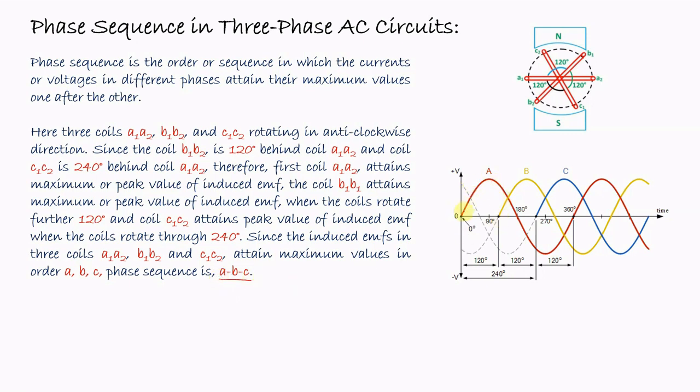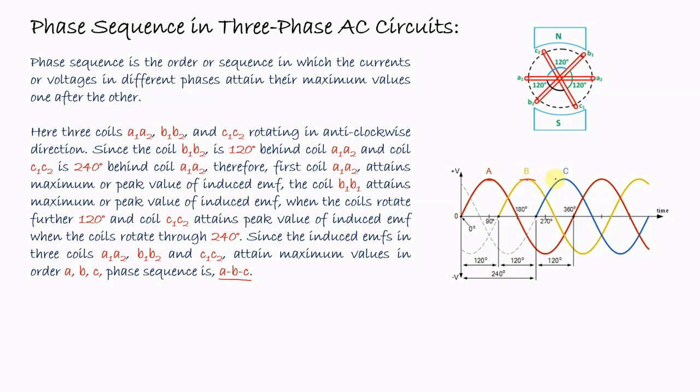From this waveform, if we start from 0 at omega t equal to 0, we can see that the EMF in coil A attains the maximum value first. After 120 degrees, the EMF induced in coil B attains the maximum value.